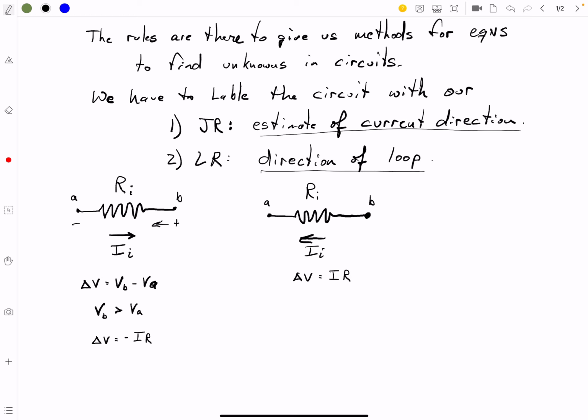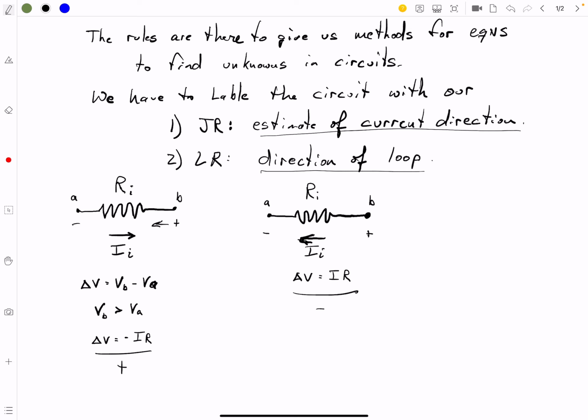Now, why, when we do our loop rule, do we flip them and make this one negative and this one positive? Why is that? We know for a fact that this current is going this direction if VB is larger than VA.